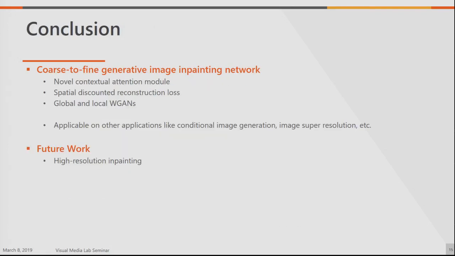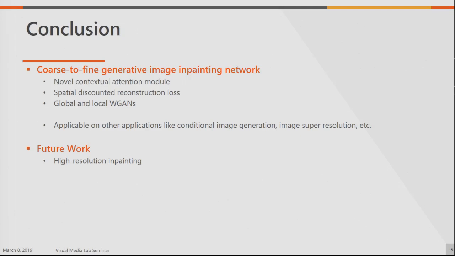Yeah, and this brings me to the conclusion. So in this paper, they presented a coarse to fine generative image inpainting network, where they introduced a contextual attention module, also spatial discounted reconstruction loss, and then global and local WGANs.